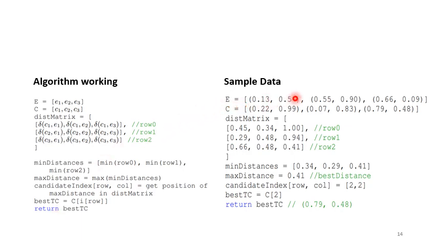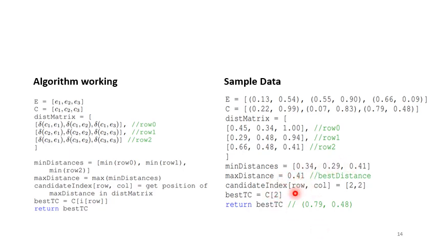This is the sample data in the real-world working of the algorithm. We can see some elements E is populated, and C is also populated. This is the distance matrix. On this row we can see the minimum value 0.34, 0.29, 0.41, and then the maximum value from them is calculated.